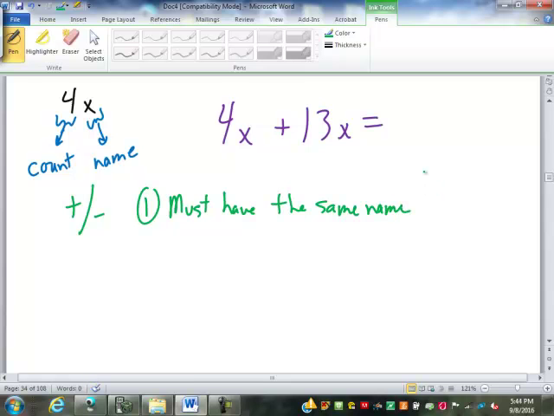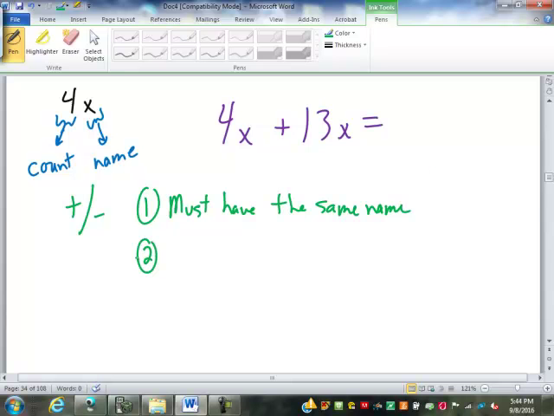If we do not have the same name, we cannot add or subtract numbers. That was the same label if we're dealing with whole numbers, inches or feet or pounds. The same denominator if we're dealing with fractions, common denominators. Decimals in the same place value. Algebraic numbers, that comes down to having the exact same variable.